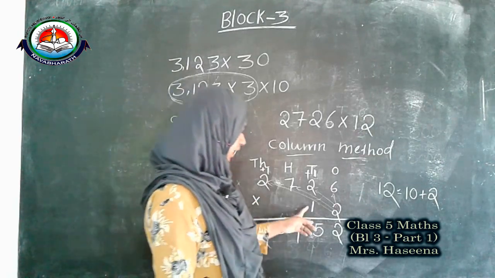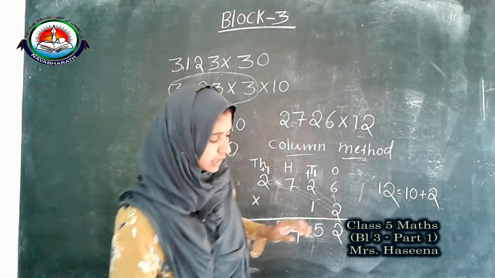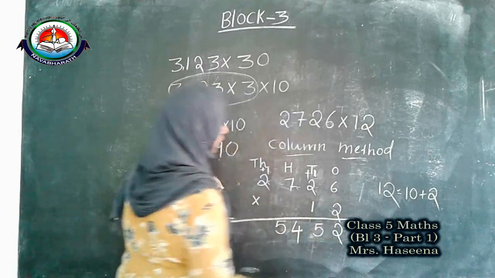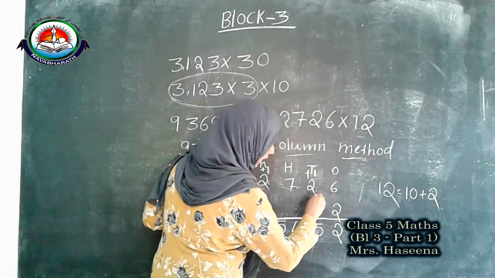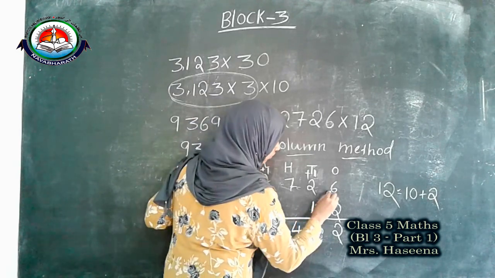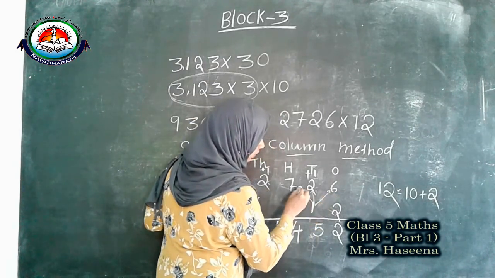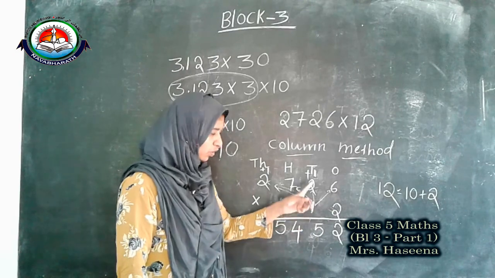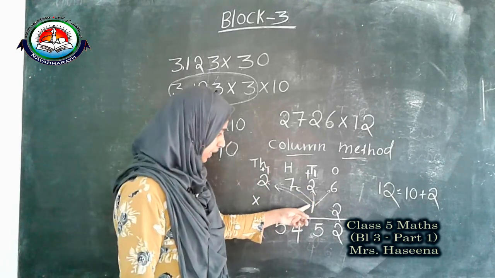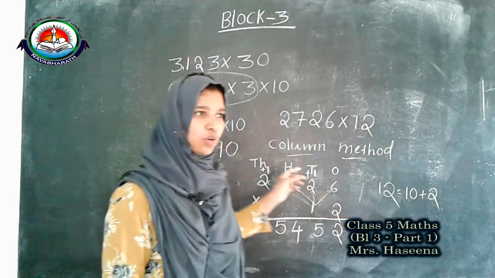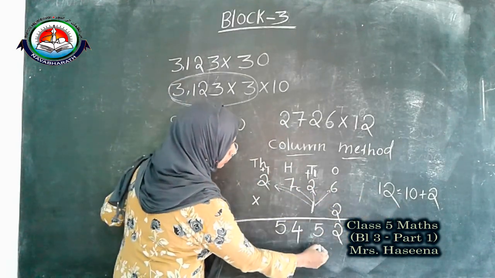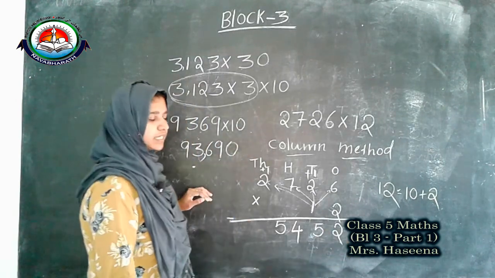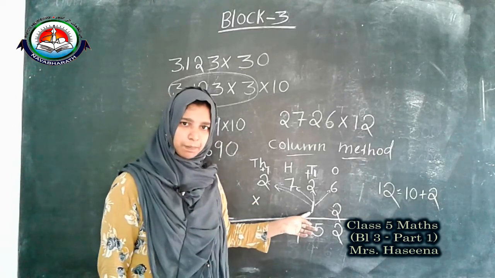Then next I am going to multiply with this tens place number. So 1 with 6, 1 with 2, 1 with 7, 1 with 2. Here you look, I am multiplying a tens place number, so my first answer will reach the tens place only. It will not go into the ones place because this is a tens place number.